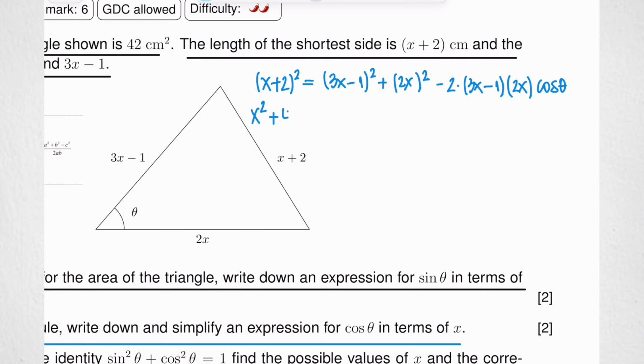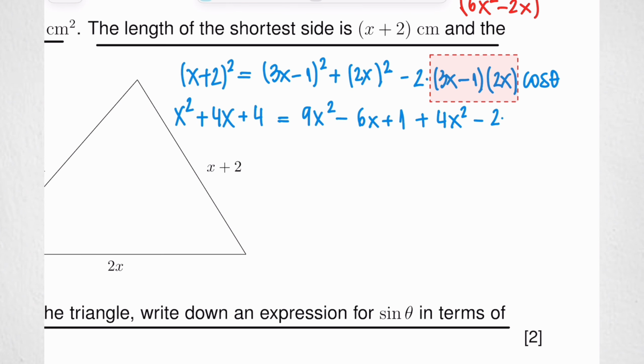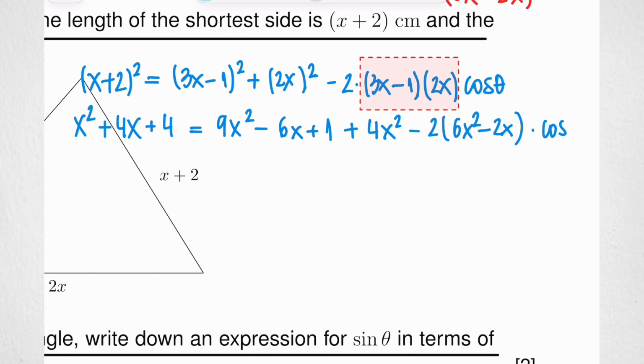So we have x squared plus 4x plus 4 equal to 9x squared minus 6x plus 1 plus 4x squared. And by writing (3x minus 1) times 2x as 6x squared minus 2x, we get minus 2 times (6x squared minus 2x), all of this times cosine of theta.